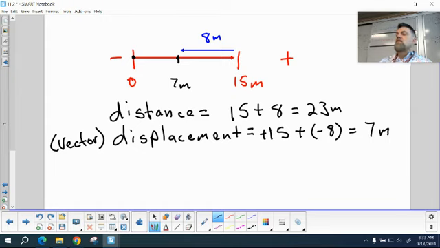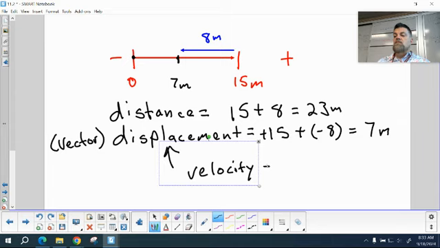So when we talk about speed and velocity, velocity is displacement over time.